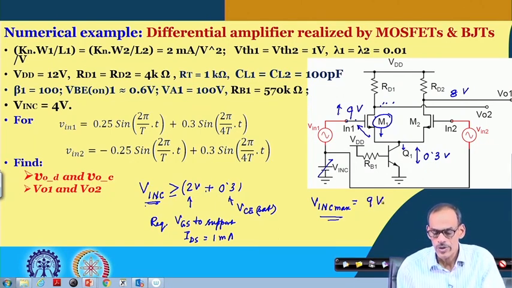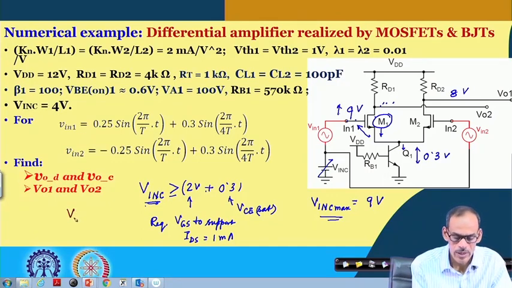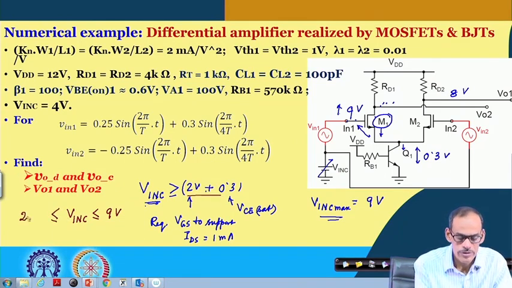So, in summary, what we can say is that V in C has a nice range. The upper limit is 9 volt and the lower limit is 2.3 volt.